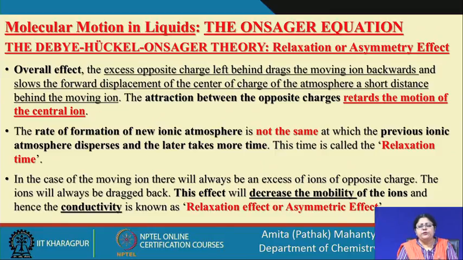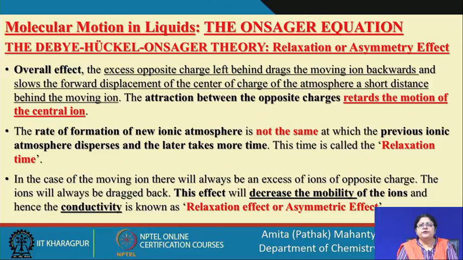But when the ion moves forward and the new atmosphere is not yet formed, the one around the central charge which is now left behind is going to pull it back because of the electrostatic force of attraction, because they are counter ions. This will tend to retard the motion of the central ion.